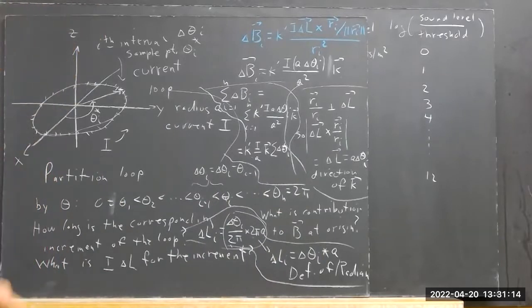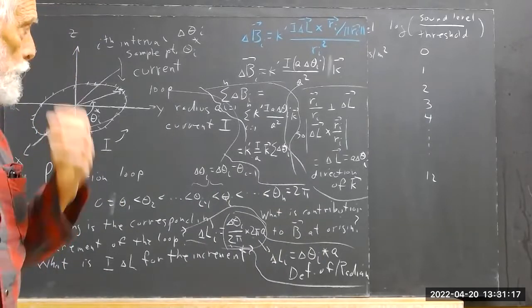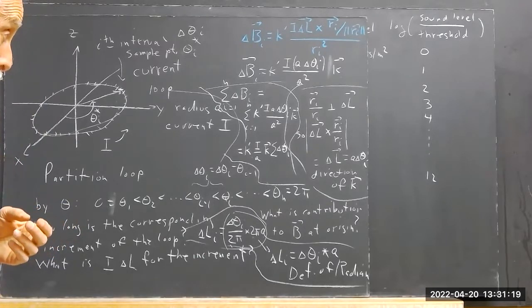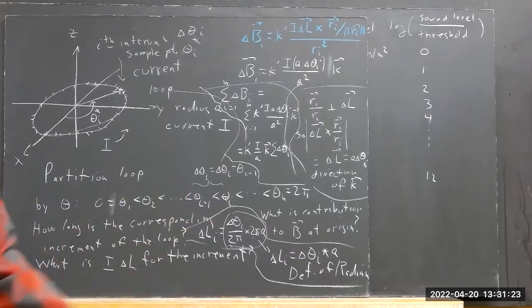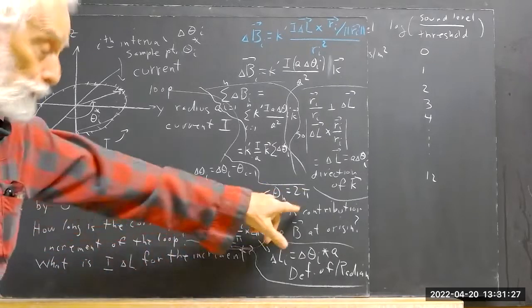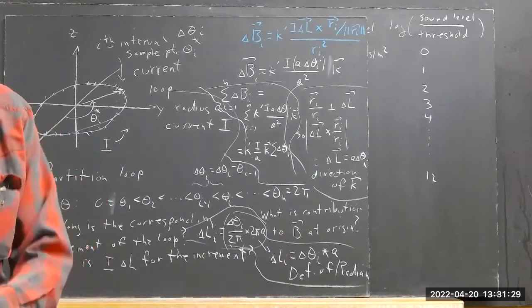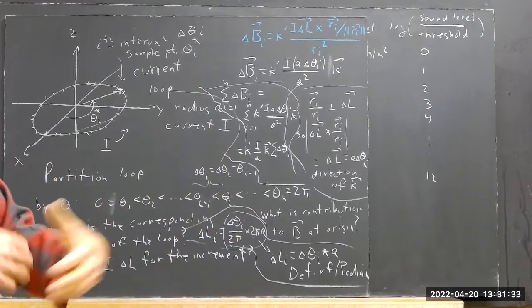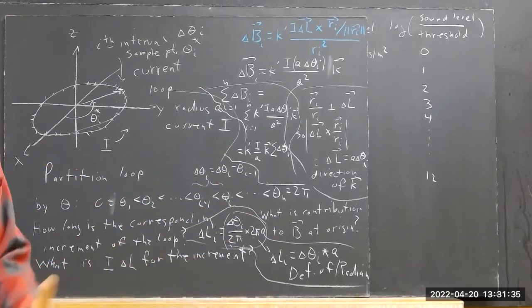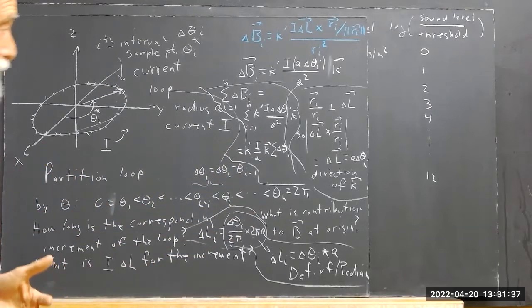If you add up all these delta theta sub i's, you get the whole circle, which is 2 pi, because you partition this, and the partitions divide the thing up into pieces that add up to the whole thing that don't overlap.